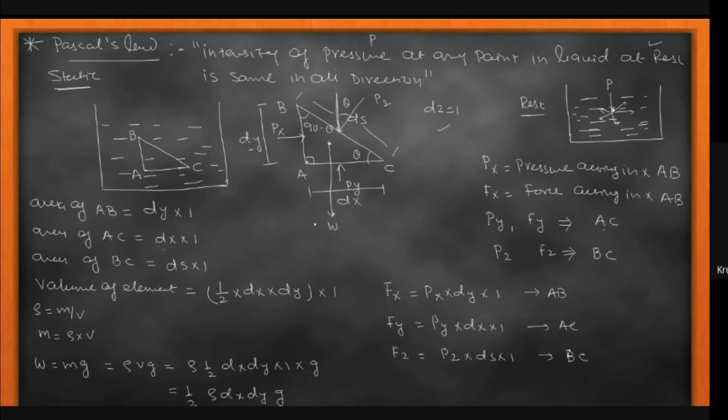Now I'm going to plot the free body diagram along with the forces which are acting on this elementary area. W is acting on the CG in the downward direction. This is W. Here the force acting is Fx.